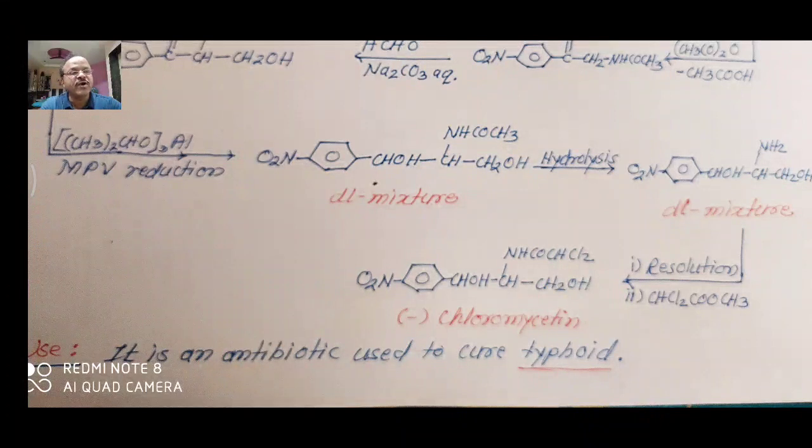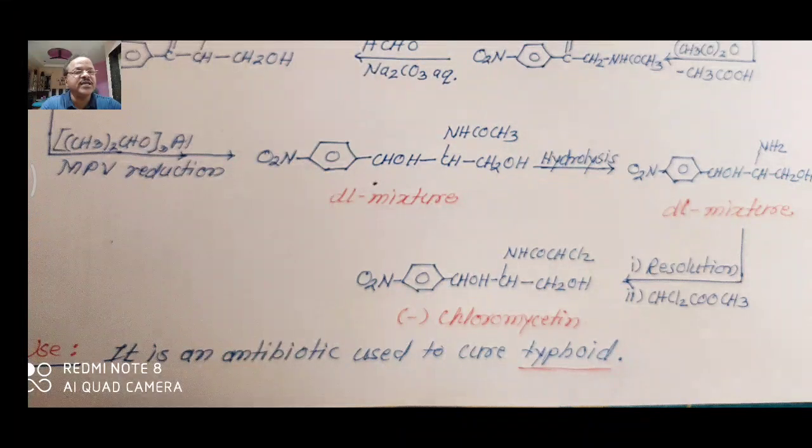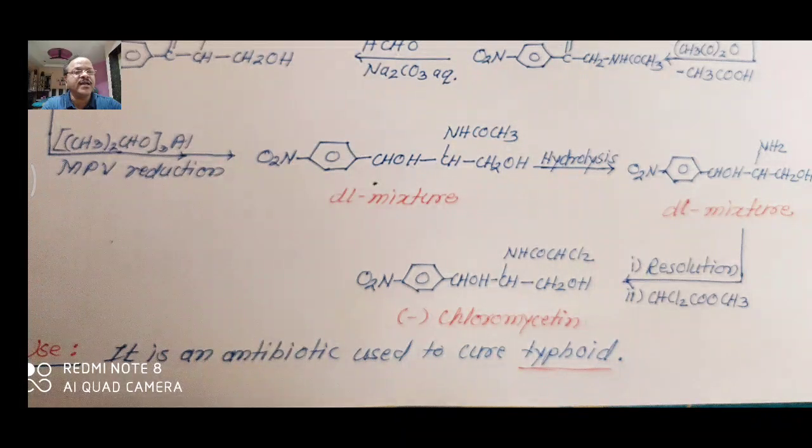Now after resolving the DL mixture, the L variety levorotatory compound or isomer is treated with CHCl2COOCH3, dichloromethyl acetate. So we are getting the levorotatory chloromycetin.